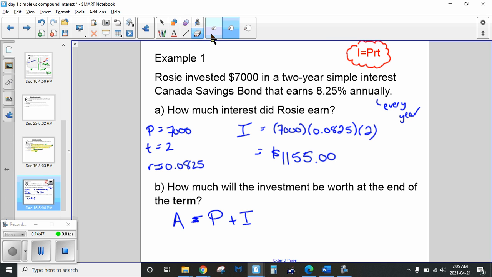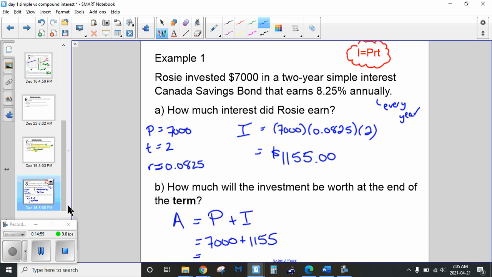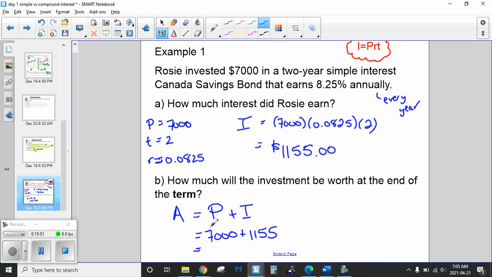So we can add those 2 numbers together. So here we had 7,000 to start with and 1,155. Adding those together, she's going to end up with $8,155 after 2 years.